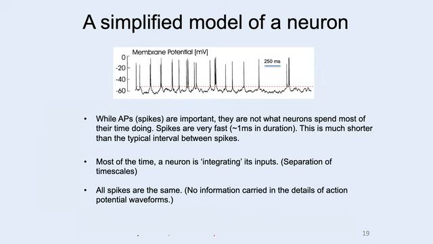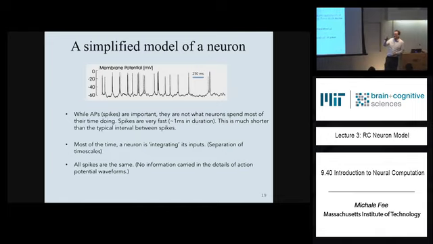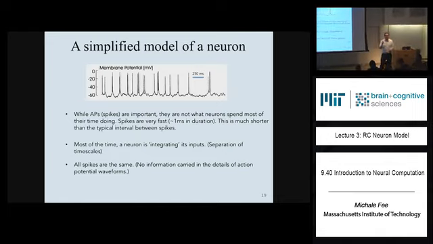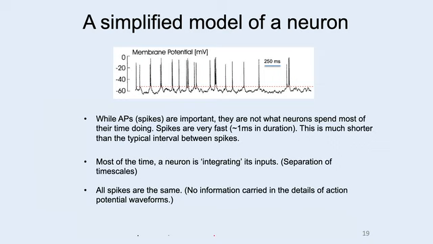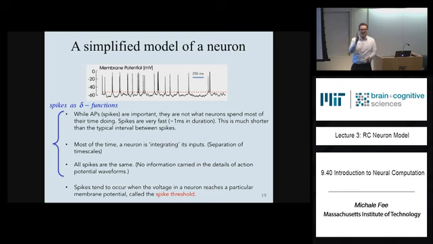Okay, so the other crucial piece of this is that for most types of neurons, the spikes are really all the same. The details of the spike waveform don't carry extra information beyond the fact that there's a spike. We're going to treat our spikes as delta functions, just discrete events at a single time.